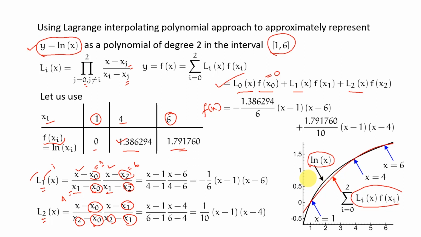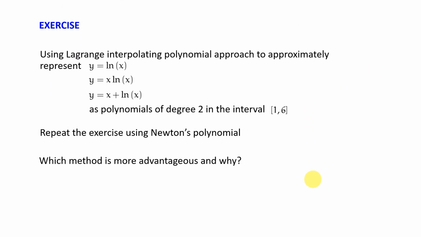Now that you have some idea of how to apply Lagrange interpolation in a real problem, you can go ahead and do numerical experiments based on y equals ln x, y equals x ln x, and y equals x plus ln x. In every case you fit a polynomial of degree 2, just like we did in this example.